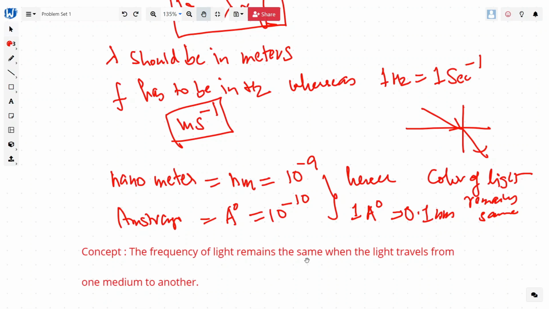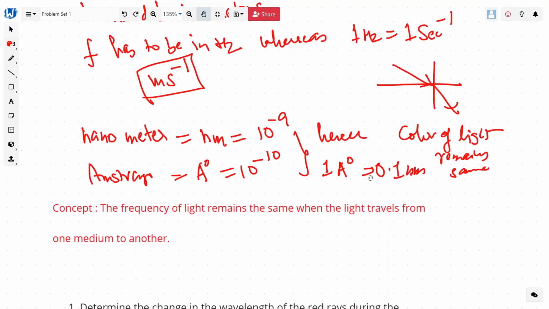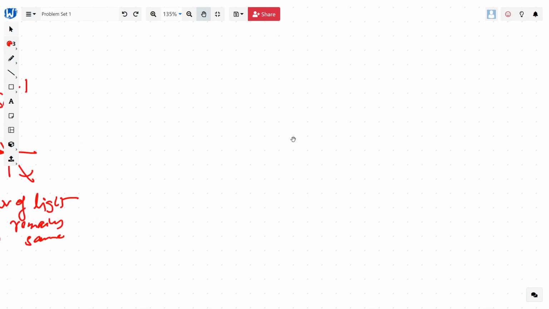Now we are going to revise one more concept, refractive index. We said that it is nothing but the velocity of light in vacuum, that is c, divided by the velocity of light in that particular medium.